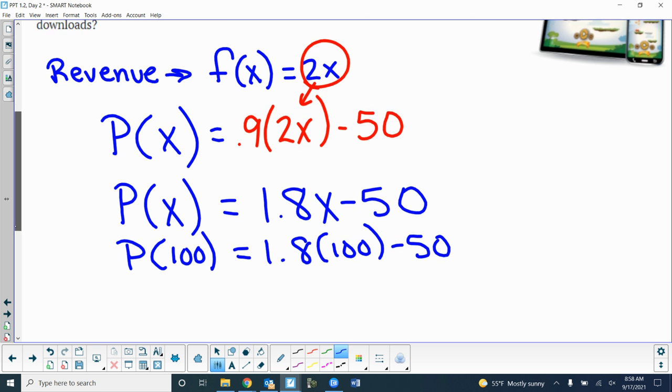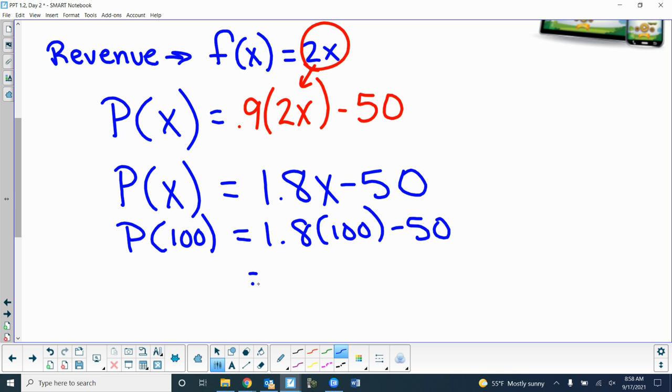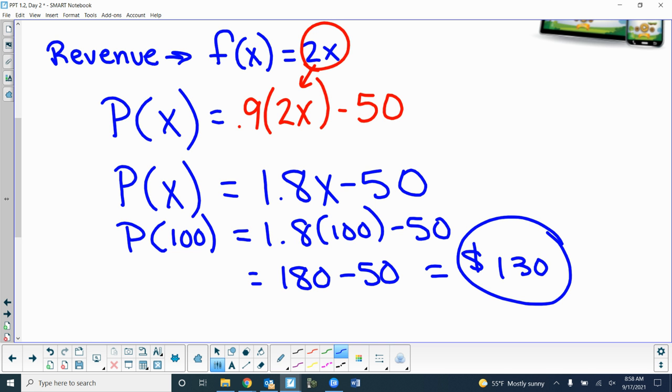What's 1.8 times 100? Anytime you multiply by 10, you move the decimal point 1 to the right. 100, 2 to the right. 1,000, 3. However many zeros you have, that's how many spots you move the decimal point. So if I move my decimal point over 2 places because I have 2 zeros, what is that? 180, right? Minus 50. So the profit for 100 downloads is $130.